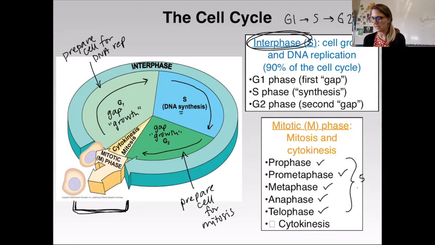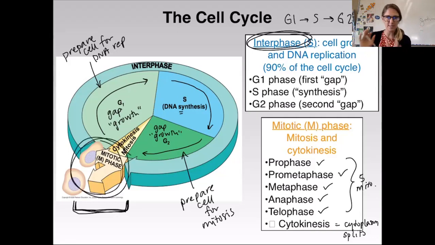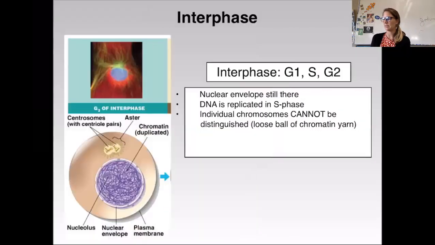So those are the 5 stages of mitosis. Then this is all going to be followed by cytokinesis, where we have cytoplasm splitting. All right. But again, before you get into this jazzy mitosis phase, remember a cell goes through G1, S phase, where DNA gets replicated, which we've already talked about through DNA polymerase, followed by G2, another growth phase.